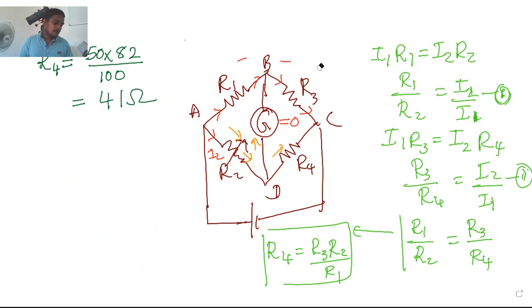Instead of R4, they are using R, simple R. Now finally I'm getting R2, that's R3 over simple R.